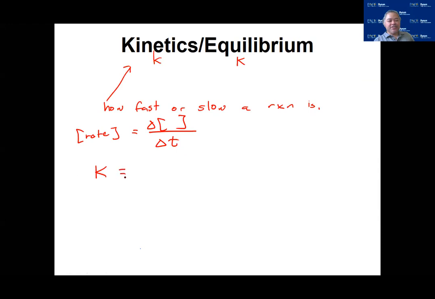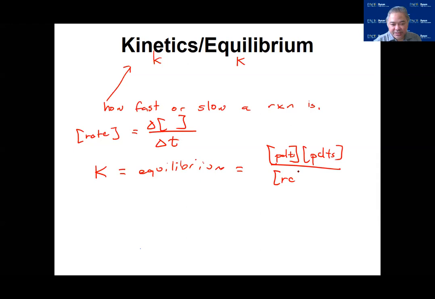Now K, on the other hand, equilibrium. So this is something to do with the ratio of the products over the reactants.